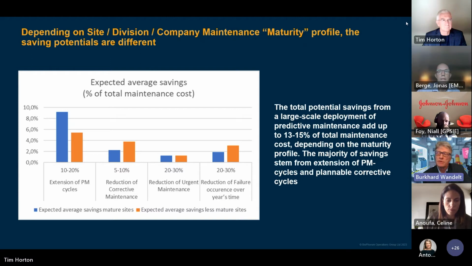And you also have here another distribution of cost, possible cost saving, coming from a less mature side, where you have less preventive maintenance and more corrective maintenance. The good news is that in both cases, you end up in an average of 13 to 15%. But you see very clearly, you have to take into account from the start the reduction of your preventive maintenance and your also plannable corrective maintenance. Next slide, please.